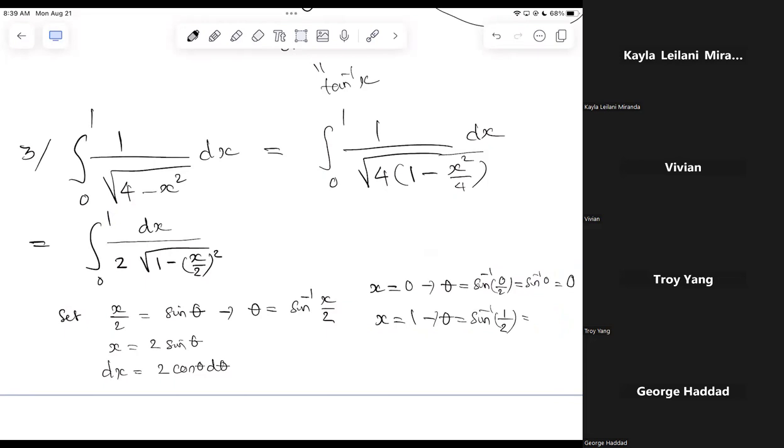So what is the sine inverse of 1/2? Oh, pi/3 or pi/6?